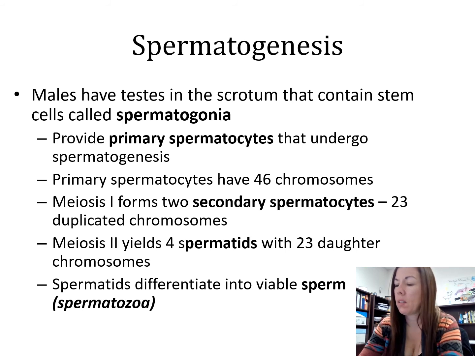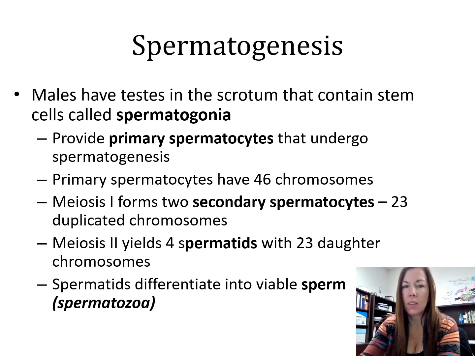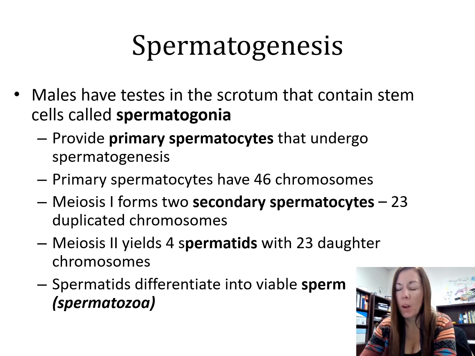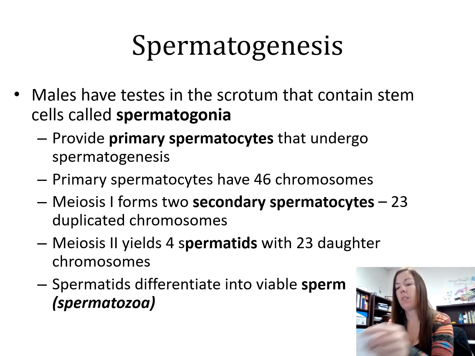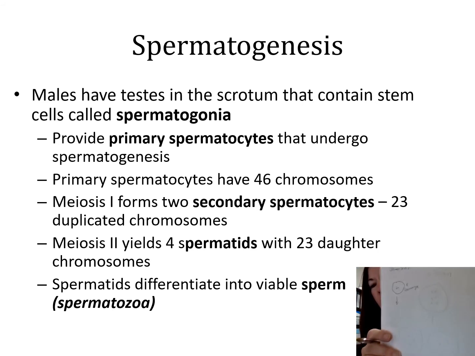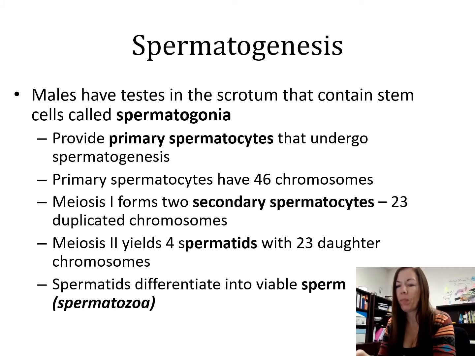So I'm gonna draw this. Okay, so you start out with a diploid primary spermatocyte, right? And after meiosis 1, you end up with 2. Here's my one individual primary spermatocyte that's diploid.